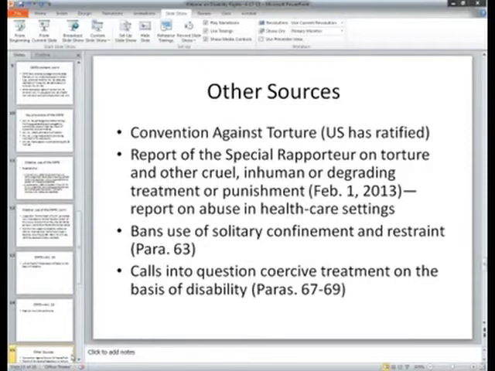And as I put on the slide, a predecessor of his said that solitary confinement for people with disabilities would be a violation of this convention. And Juan Mendez refers in several paragraphs in this report to limitations on solitary confinement, restraint, and coercive treatment as a matter of torture or inhuman treatment.